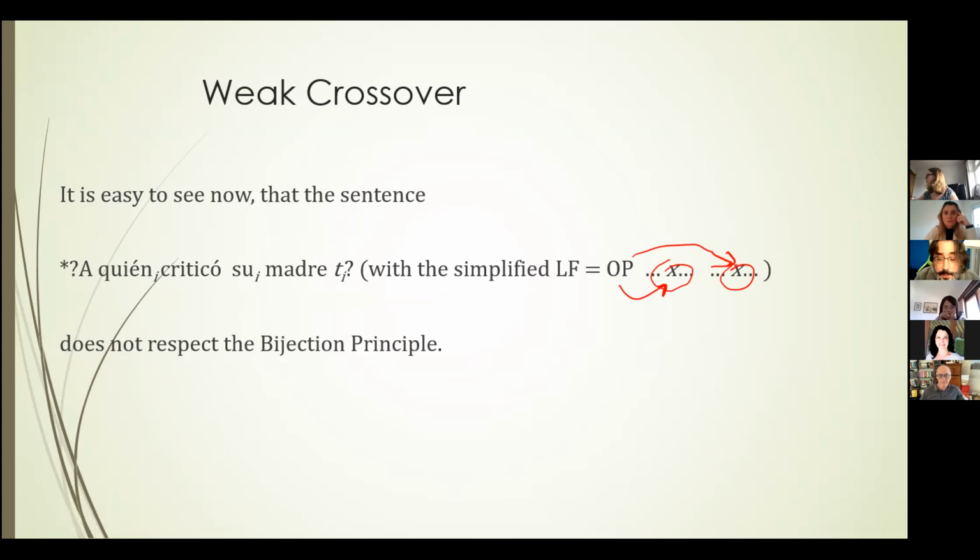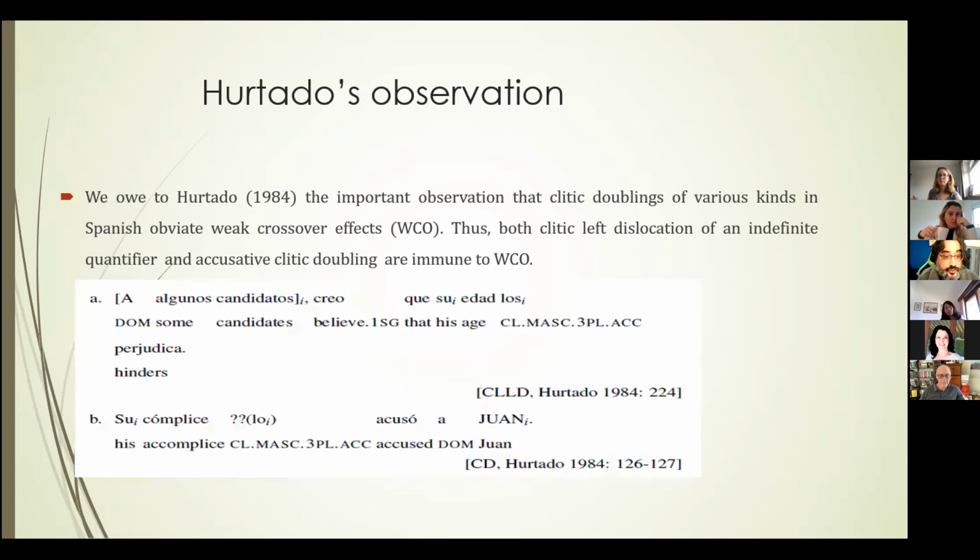Indeed, Koopman and Sportiche noticed, as Chomsky did, that clitics or intermediate traces do not respect bijection, right? And as for Spanish, we owe to Alfredo Hurtado, an Argentinian linguist, the important observation that clitic doublings of various kinds in Spanish obviate weak crossover effects.